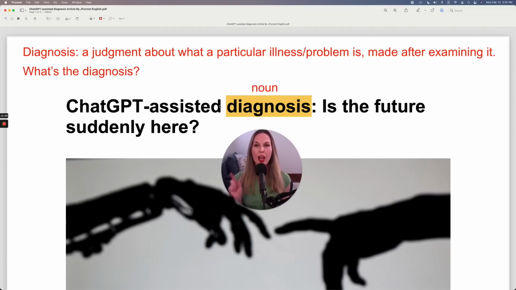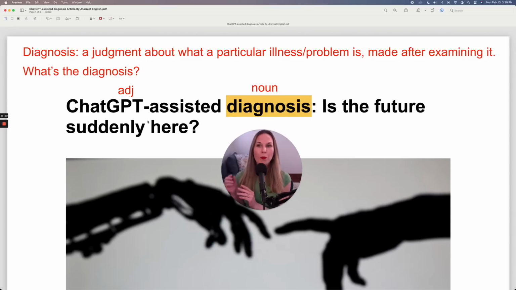Now notice, ChatGPT-assisted diagnosis. This is an adjective. It describes what type of diagnosis it is. So it's a diagnosis that was made by ChatGPT. It was not made by a doctor.